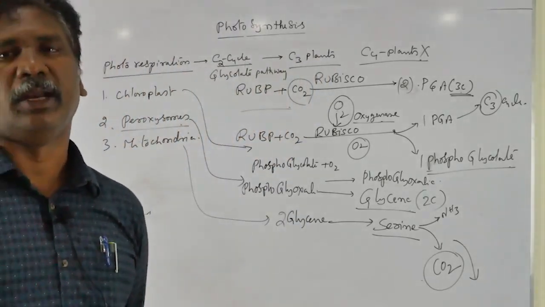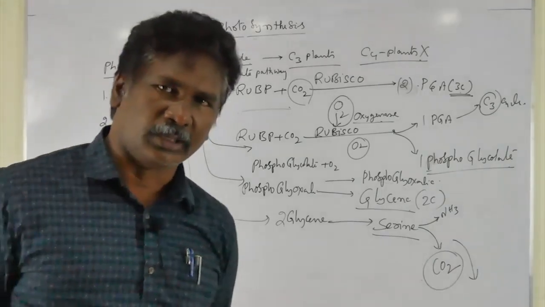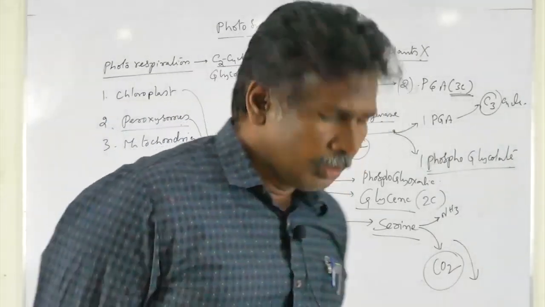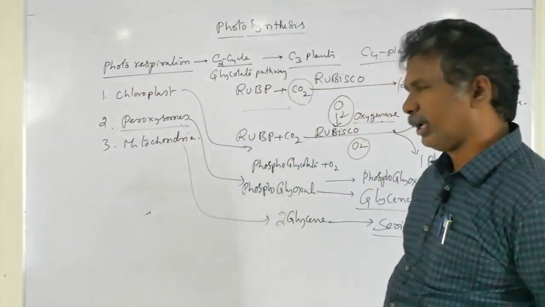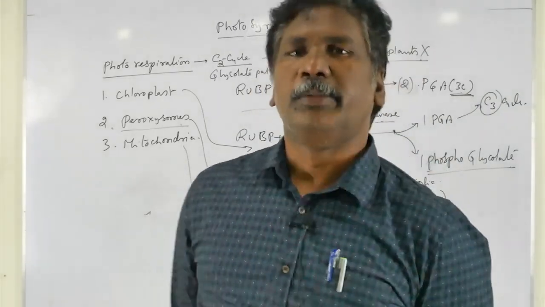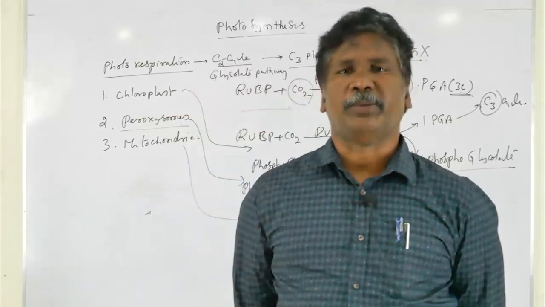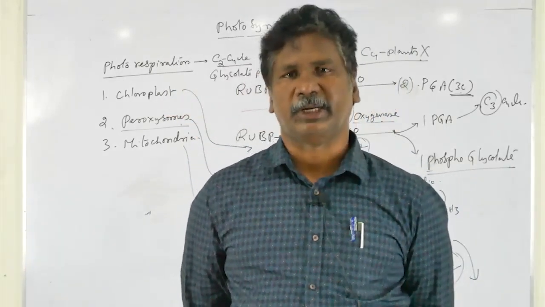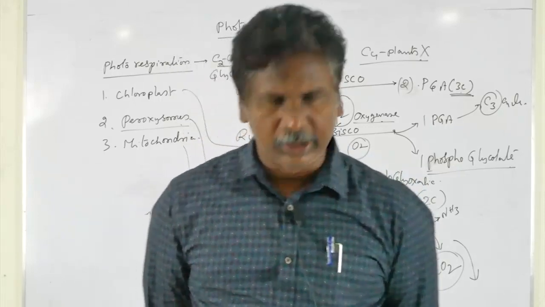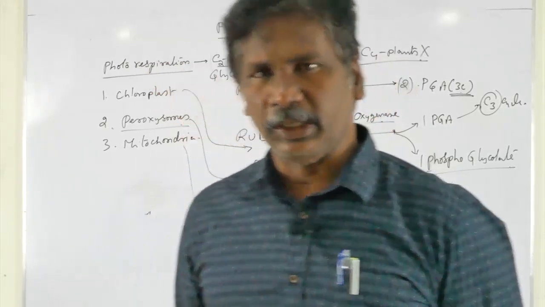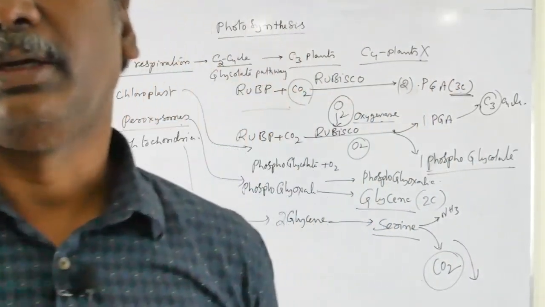In the peroxisome it is converted into glycine. That glycine or glycolate contains two carbons, that's why it is called the C2 cycle. Then glycine molecules enter the mitochondria. In the mitochondria, two glycine molecules combine to form another amino acid, called serine, and finally carbon dioxide is released and lost.